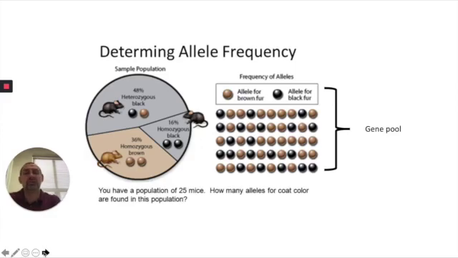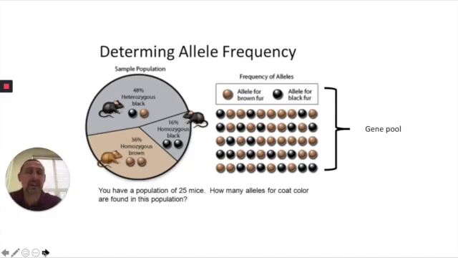So a gene pool then is just all the alleles. So remember, each individual has two of these alleles. Sometimes the two are brown, sometimes the two are black, sometimes it's one of each. But we're looking at all of them together. Now, if there is a condition where it's better to have the black fur, then the population is going to start losing the brown alleles. Why?